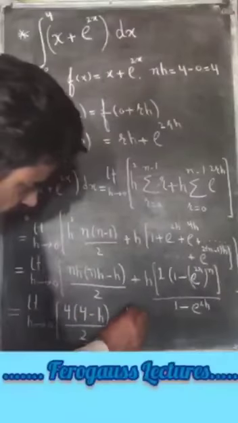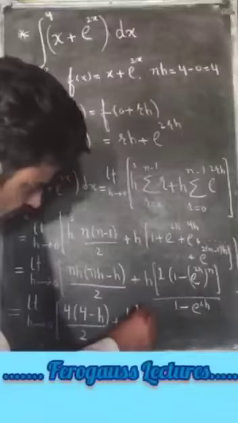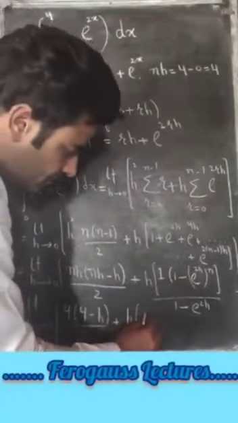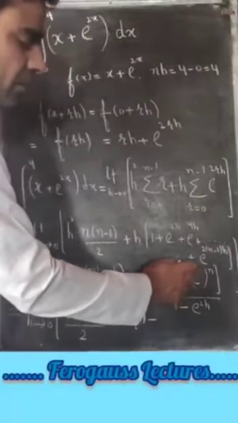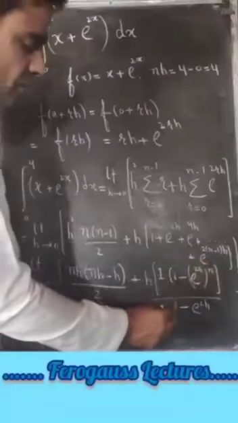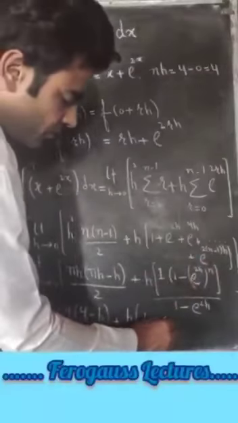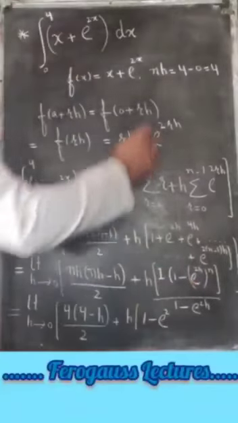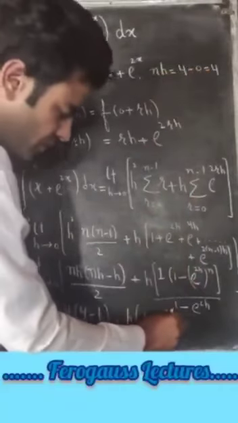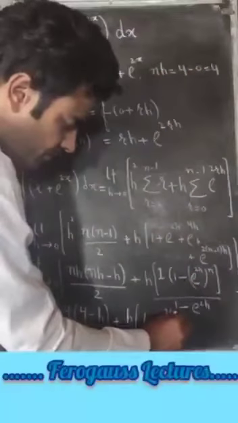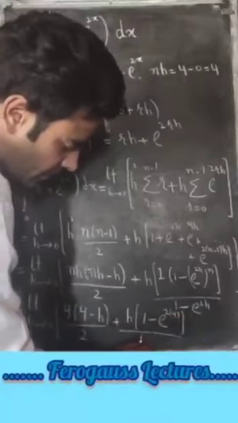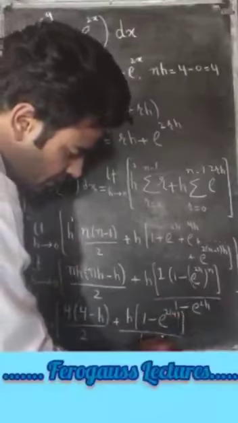Plus h into (1 minus e^(2nh)). So we can write e^2, and instead of nh we have 4, so we write 4 instead of nh, divided by 1 minus e^(2h).